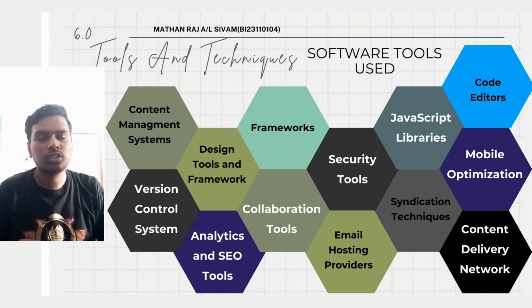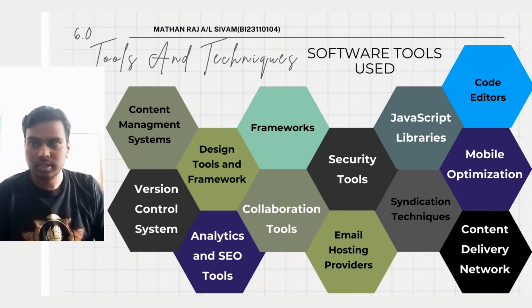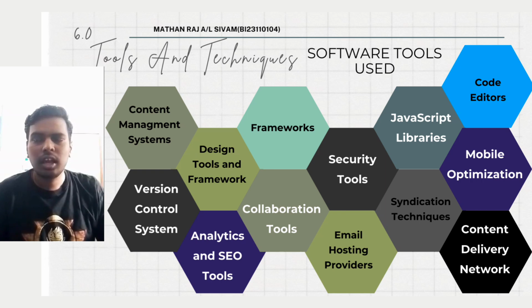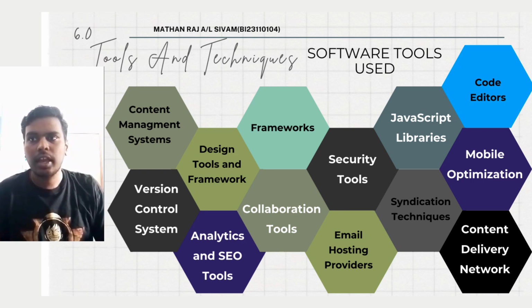VCS, version control system, for example Git, facilitates collaborative development by tracking changes and enabling multiple contributors to work simultaneously. Design tools such as Adobe XD, Sketch, Bootstrap. These are used to streamline creation of visually appealing and responsive websites.